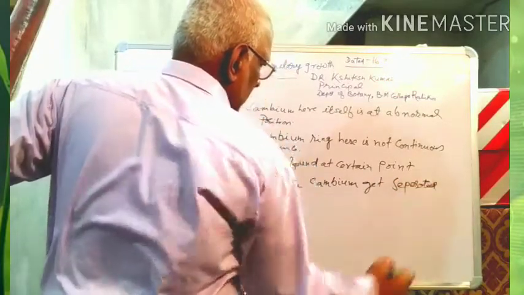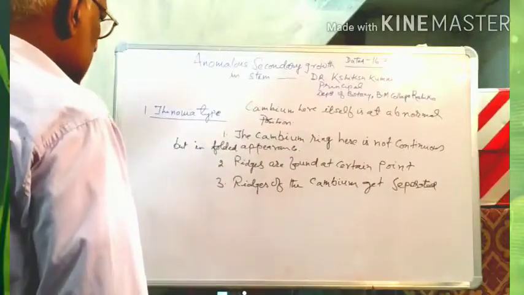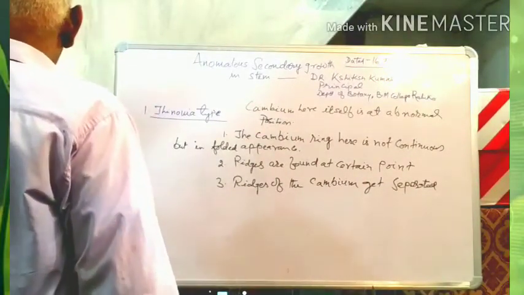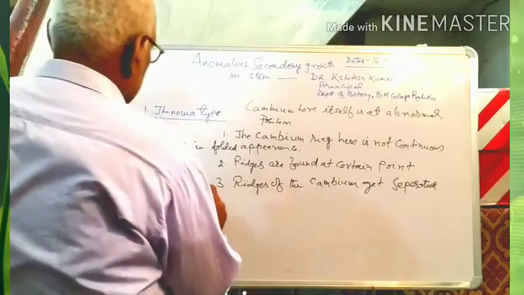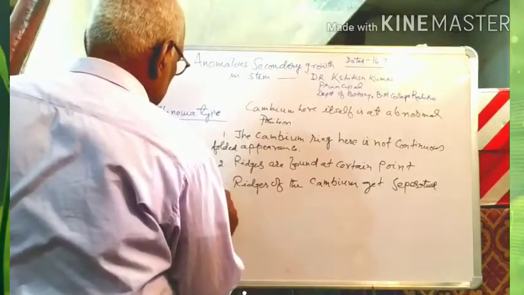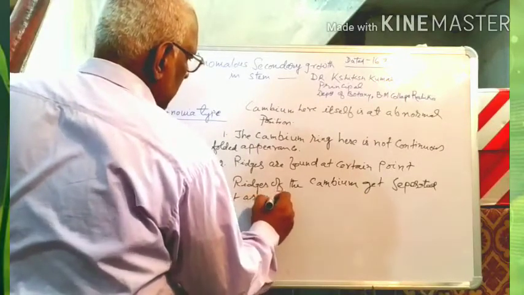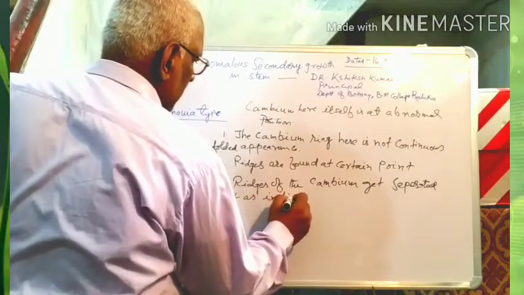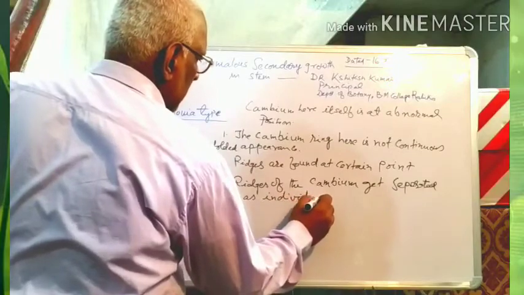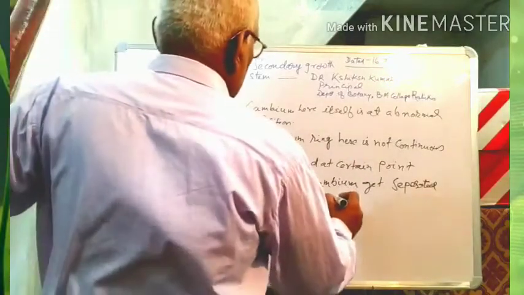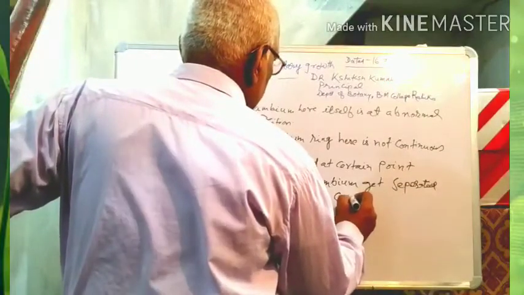The ridges of the cambium get separated and act as individual cambium strips.